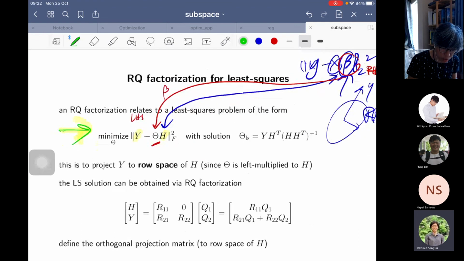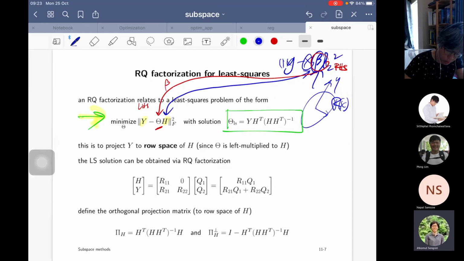So the least squares solution can be derived using the zero gradient condition, and it turns out that the solution is given by this. I would like you to compare it with our previous least squares. Your beta hat is going to be X transpose X inverse X transpose Y.